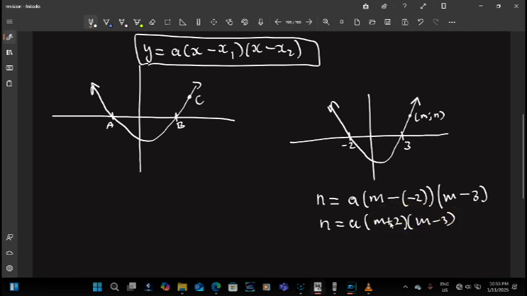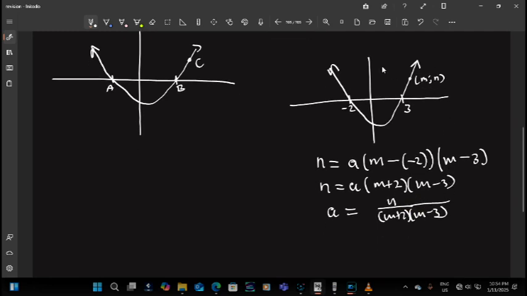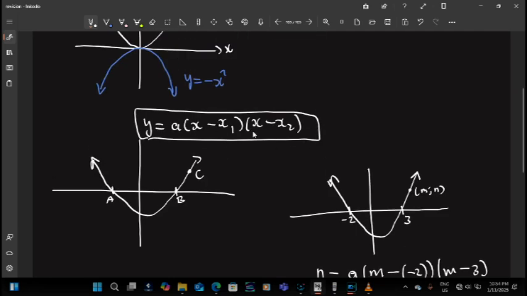Suppose that m and n are real numbers, then we're going to say a is equal to n over m plus 2, m minus 3. Okay, so I just didn't want to put any number there and end up having errors. So if you have two intercepts and a point, this is the equation you use.